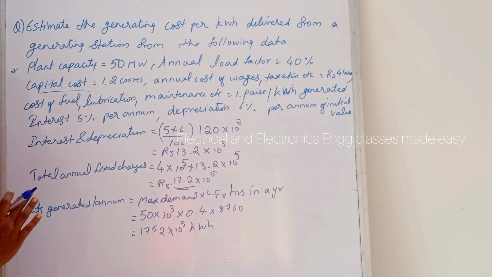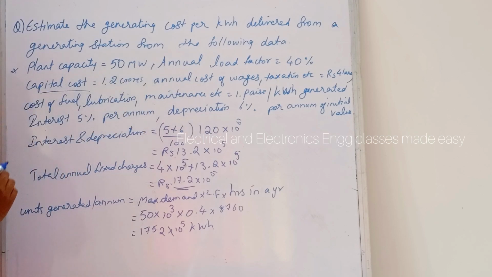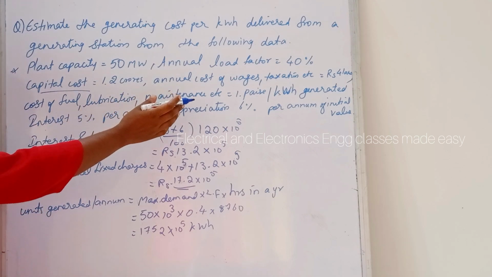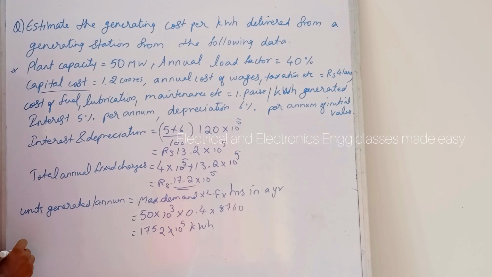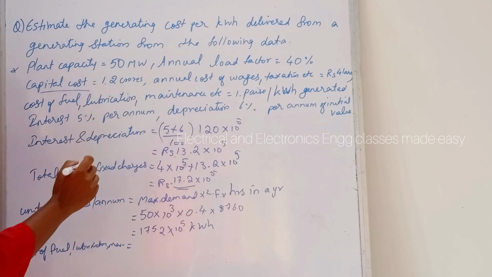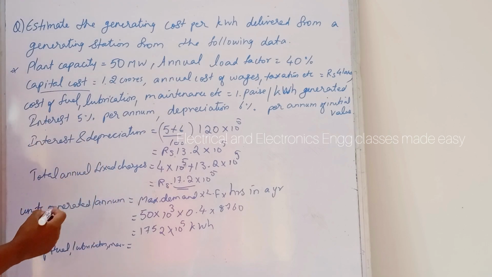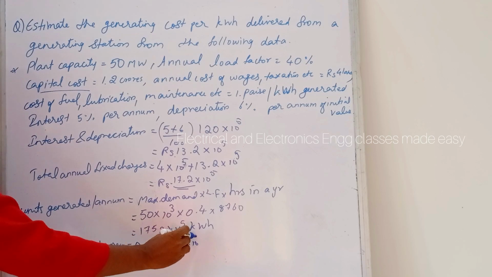Now to find the annual running charges, we have to include the cost of fuel, lubrication, etc. Here cost of fuel, lubrication, maintenance, etc. is given as 1 paise per kilowatt hour generated. 1 paise means 0.01, and per kilowatt hour means we have to multiply with the kilowatt hours generated, that is the units generated.